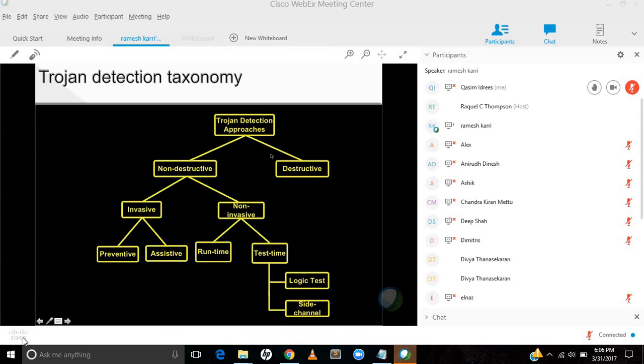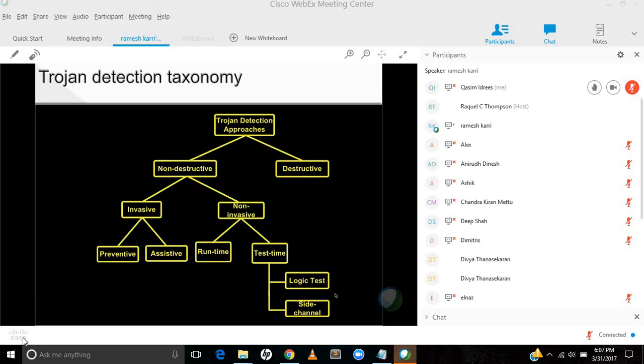So then you go to the non-destructive approaches. There are two kinds: continuous monitoring, which is online or runtime, and offline testing, which is test-time detection, where you find additional test patterns that can detect these hard-to-detect faults.